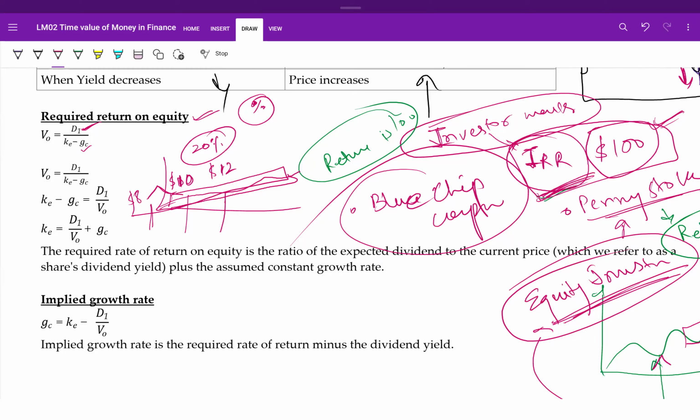Let me just use my calculator. So the company grew here 25%. My bad, okay, yes, 25%. The company grew at 25%, and here the company grew at 20%.